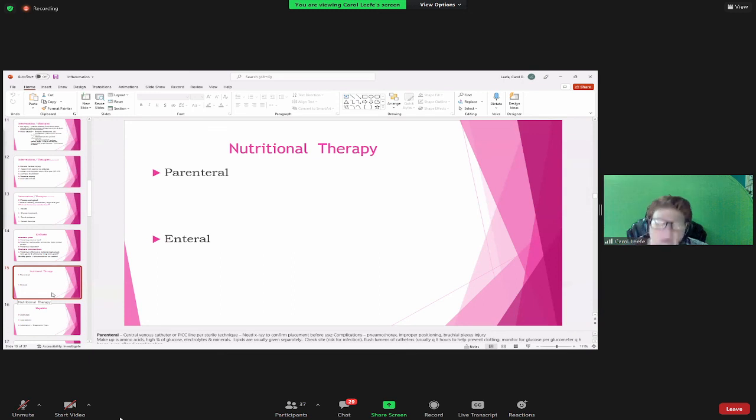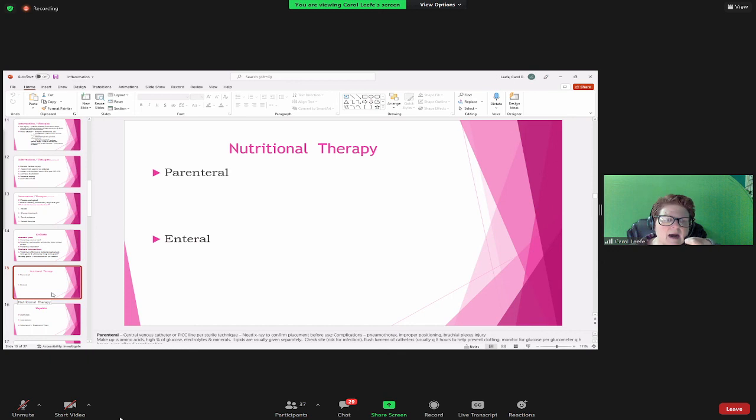So a lot of what we do for placement for the NG tubes now is when they're inserted, they mark where the insertion point is, like 20 centimeters or whatever it is, to where it's supposed to be.